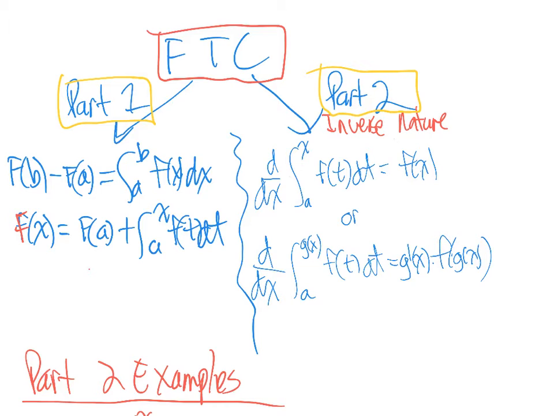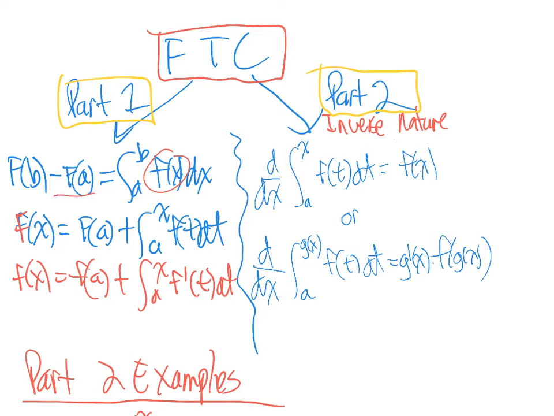So another way of writing it would be to say that F at x equals F at a plus the integral from a to x of F prime of t dt, right? So if this is a small f at x, this is a big F at x. If this is F prime, then this is F. Okay, so that's the fundamental theorem part one. We've used that a lot.